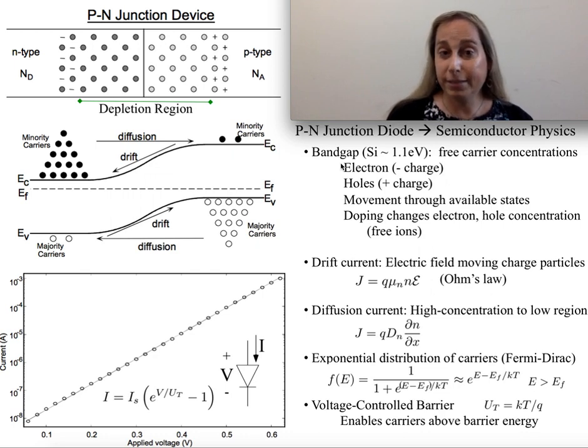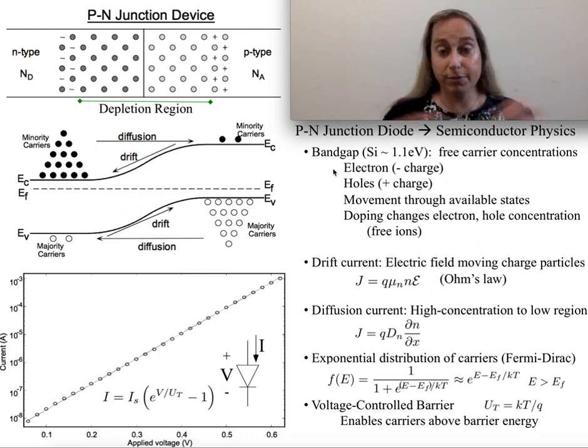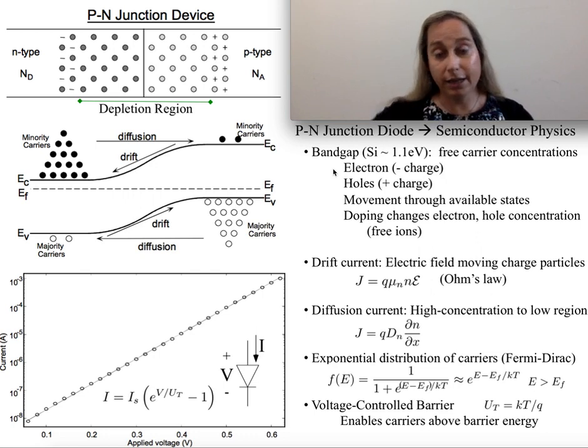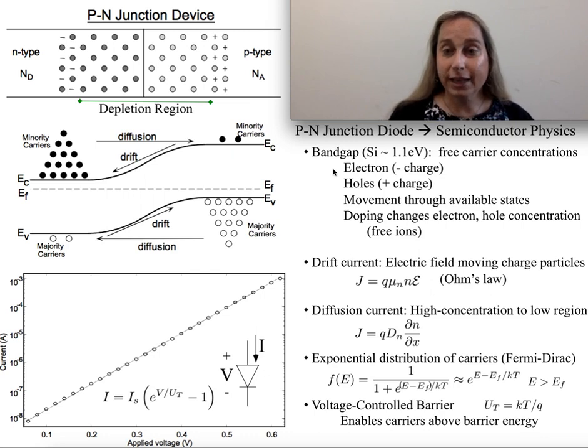One of the key things the band gap gives you is the ability to have a whole range of concentration of free carriers, and you get effectively two types of carriers. You're like, well, wait a minute, what do you mean two types of carriers? Well, you get this incredible silicon lattice and maybe some non-silicon pieces that fit into this huge covalent structure, which gives you effectively a sea of electrons at one level, and a space which is mostly electrons but with just a few absences of electrons.